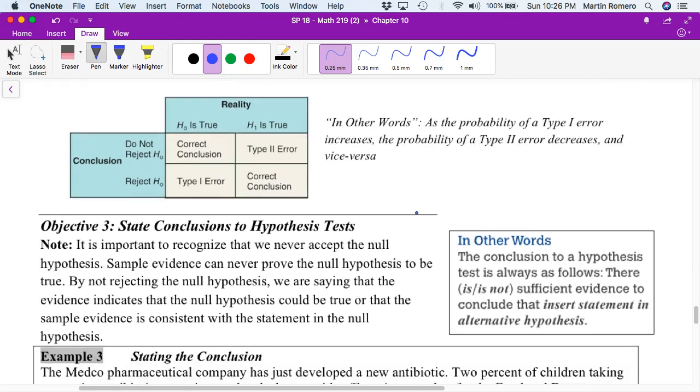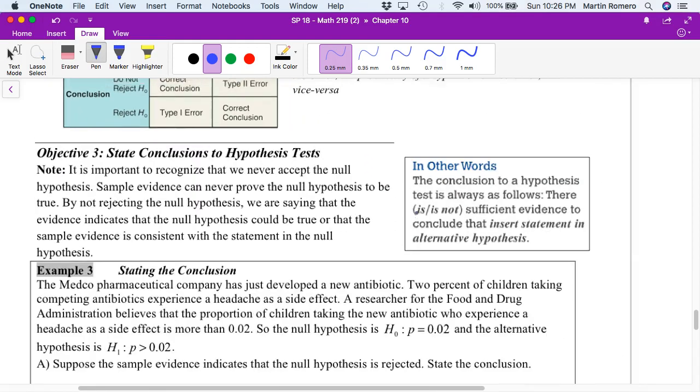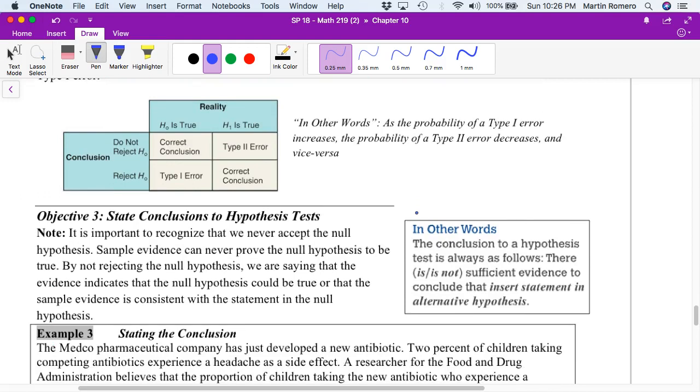So if you want to reduce the error of one, you increase the error of another. Something we think about with hypothesis testing is that it's similar to a court case with a jury, in that a jury makes a decision of guilty or not guilty, and that's equivalent to our reject and do not reject. And the jury can be wrong with the verdict, right? The defendant could be guilty, and then the jury says guilty.